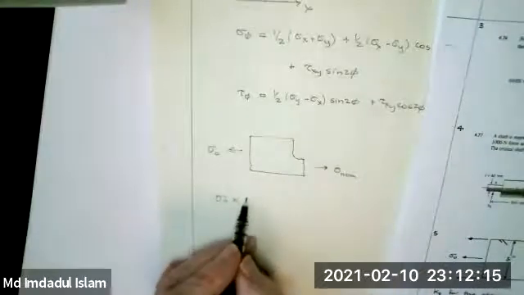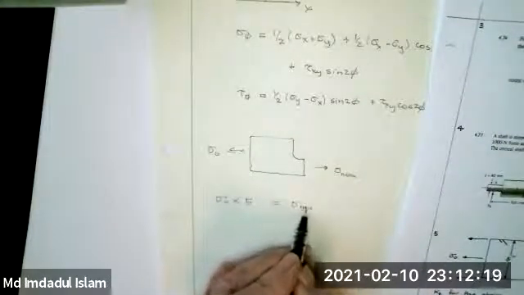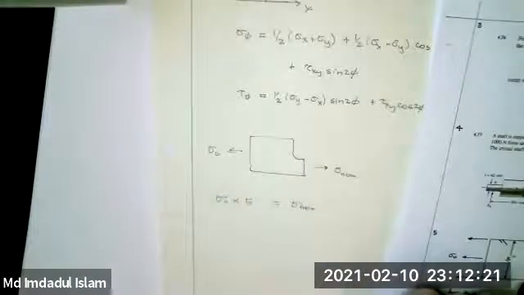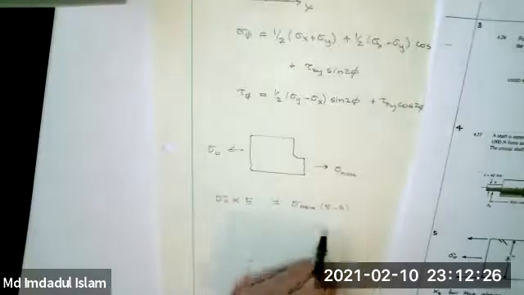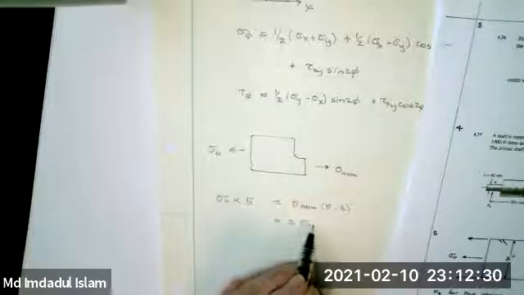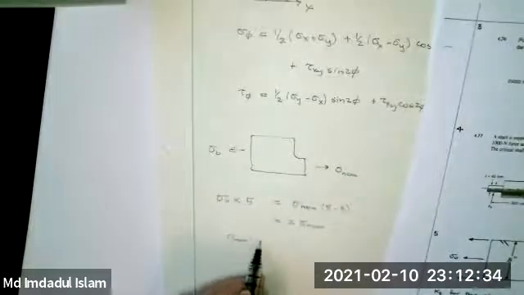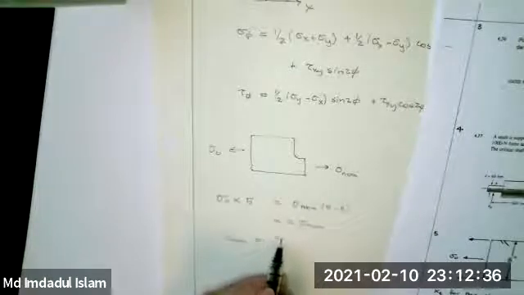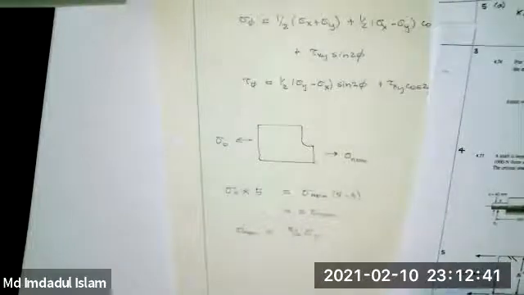Sigma naught times 5 is sigma nominal, and this depth here, 3 from 5. So the nominal stress in here is 5 upon 2.